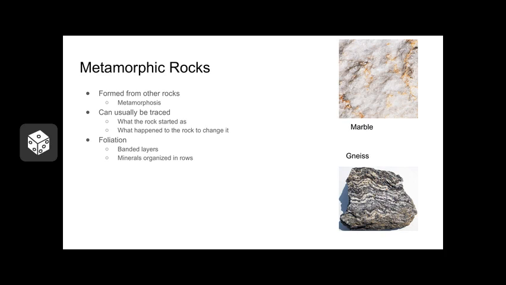And so this can either mean bands of different minerals through a rock, as you can see with the gneiss, or it can mean that the rock forms in sheets that can peel apart in a lower grade rock.